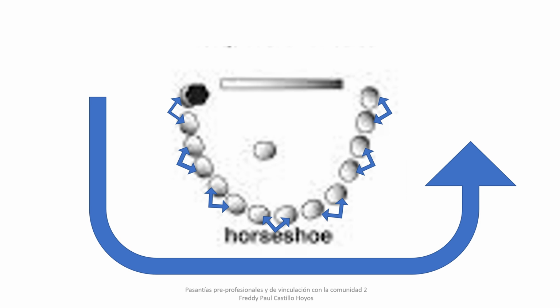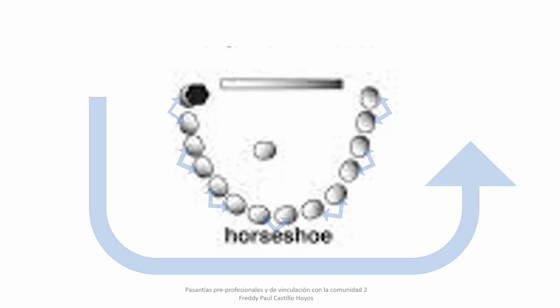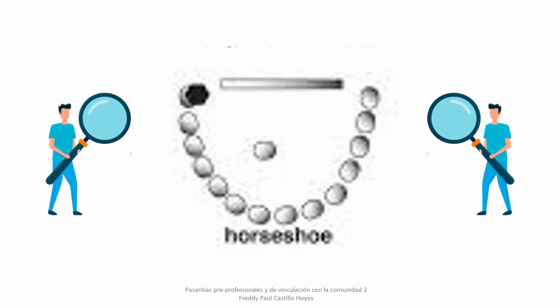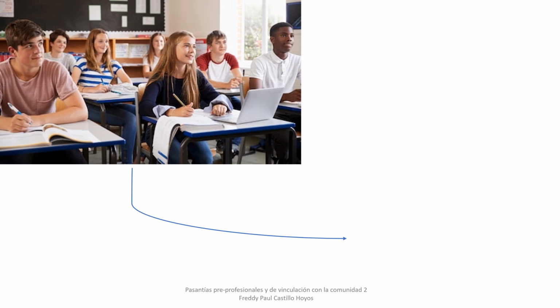This is the horseshoe, and this will be the direction of the class for the horseshoe, present tense. In that present tense, when they are working, listening, comparing ideas, sharing ideas, the teacher monitors that they are using the language that they are working on.